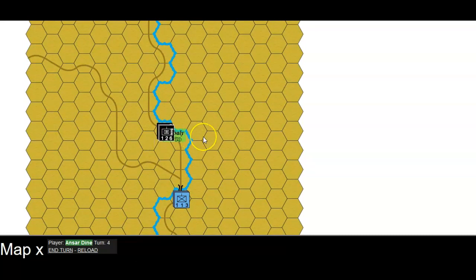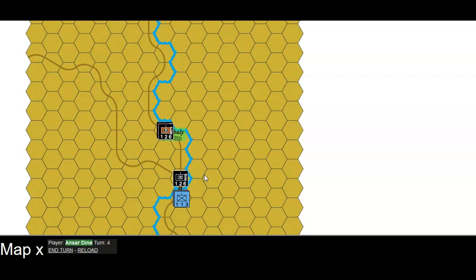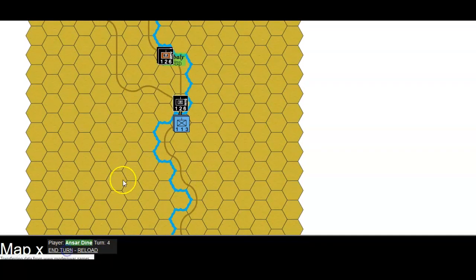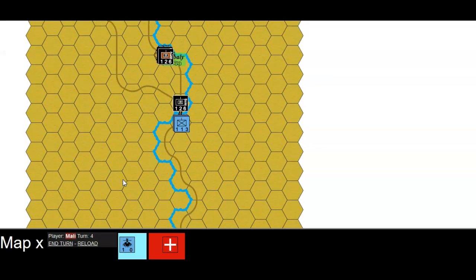Well, I think what Ants are going to actually do is take some of these units and put them there. I'm going to leave that helicopter.